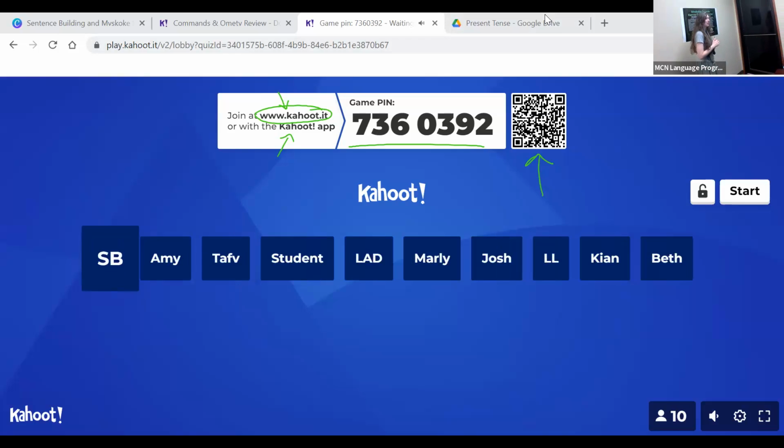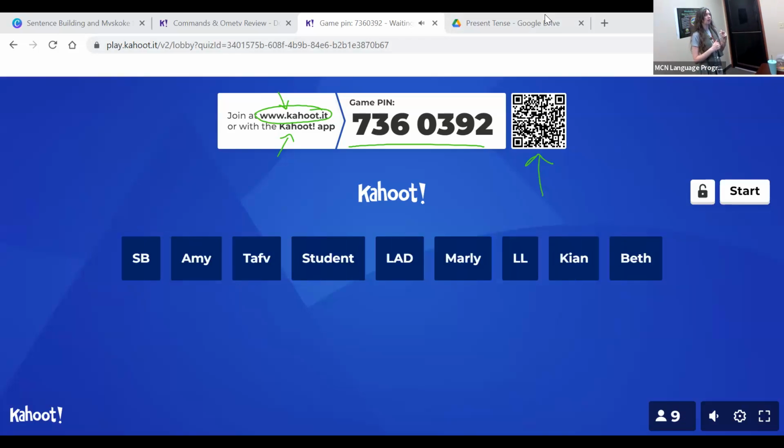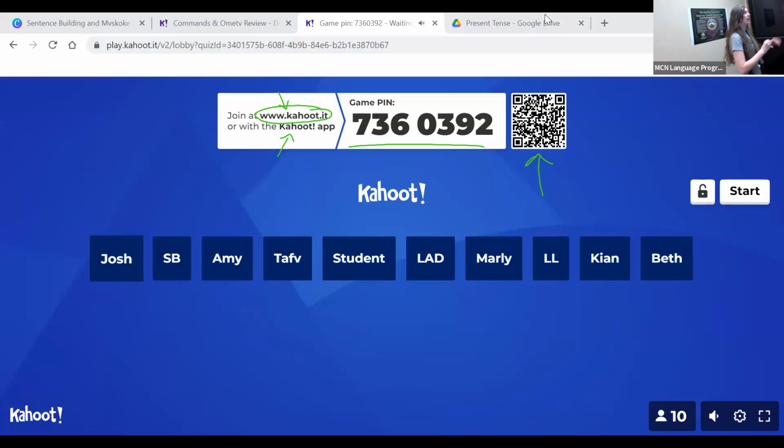Give me just a few more minutes, and it's okay because even if you're still trying to get on, once we start, this game pin here will still be on the screen. I think it'll be on the bottom around down here. So if you're still trying to get in, you can join a little late. It's fine. It'll add you to the roster and everything.